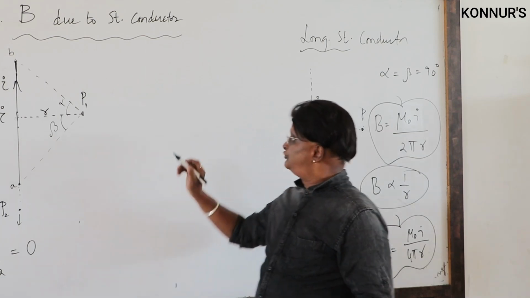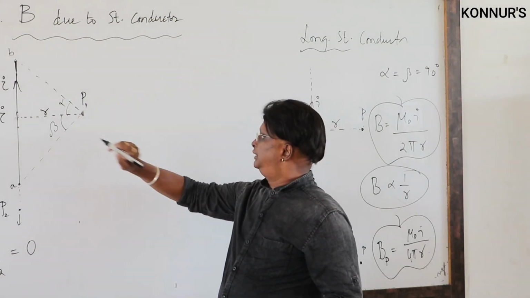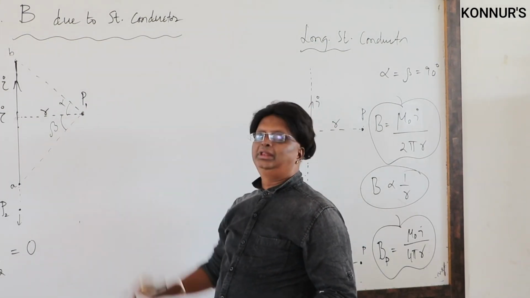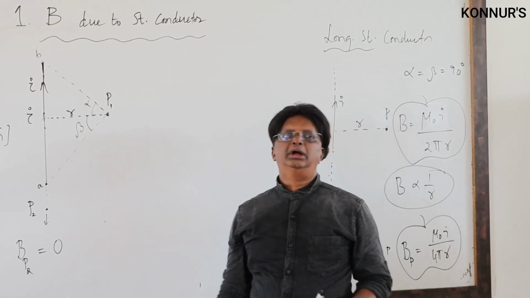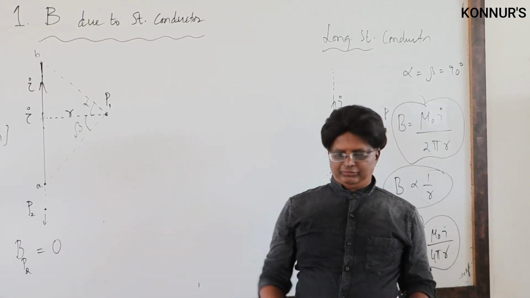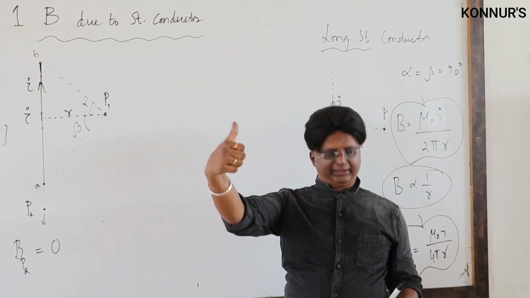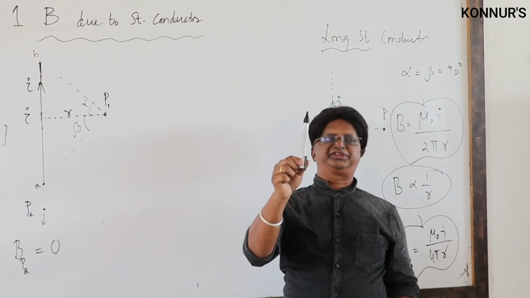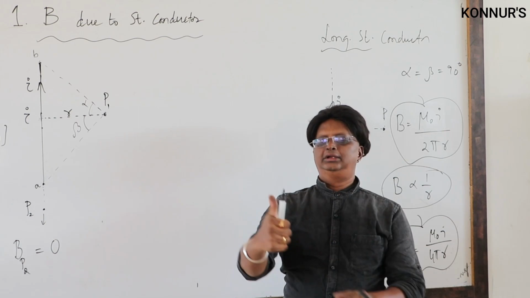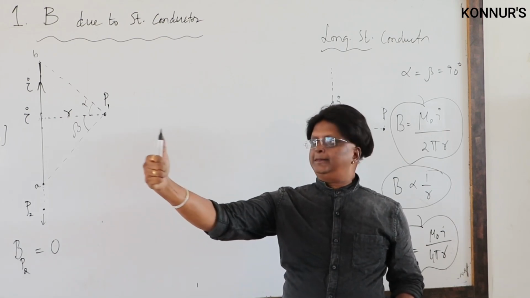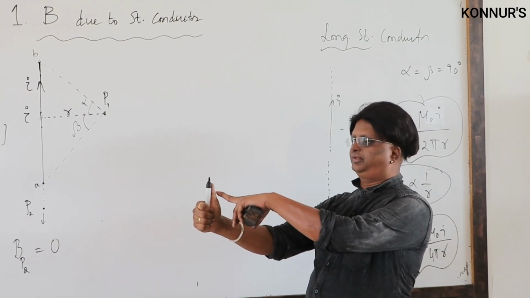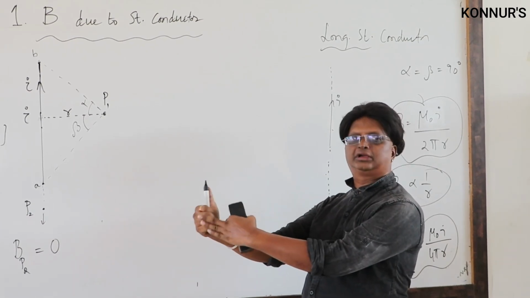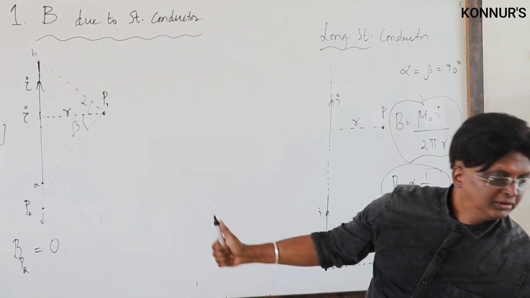Now, to find the direction of capital B at this point, which is the lateral point. What is the rule? This is Ampere's thumb rule, Ampere's right hand rule. Now this is called the right hand grip. Supposing this is a straight conductor and I hold it in the right hand grip, here you will find this is the thumb and this is the curl of the remaining fingers.